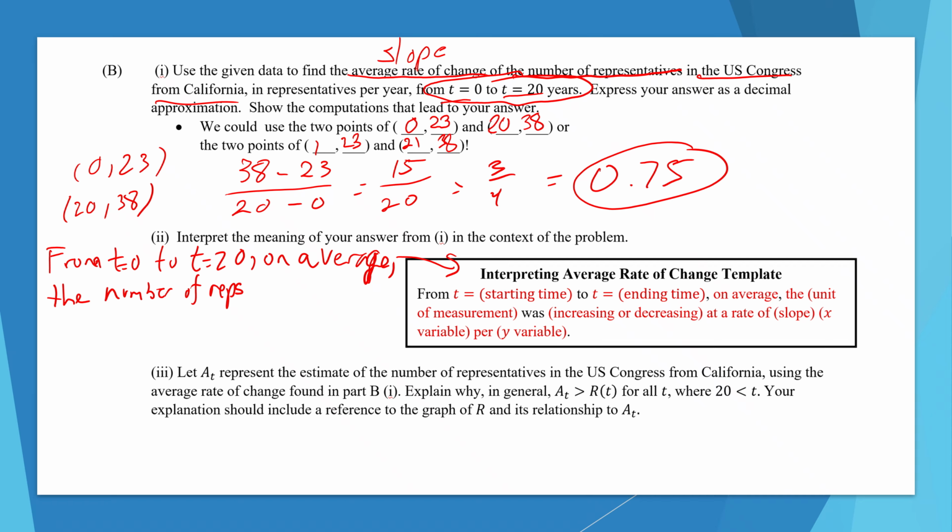But honestly, if you just have, for this problem, the number of reps, that's okay. And then was, and you either want to say increasing or decreasing, and that's going to be based on whether your slope from part 1 was positive or negative. If it's negative, then you just want to say decreasing, and that kind of tells it that it's a negative number. But in this case, 0.75 is positive, so I would say was increasing.